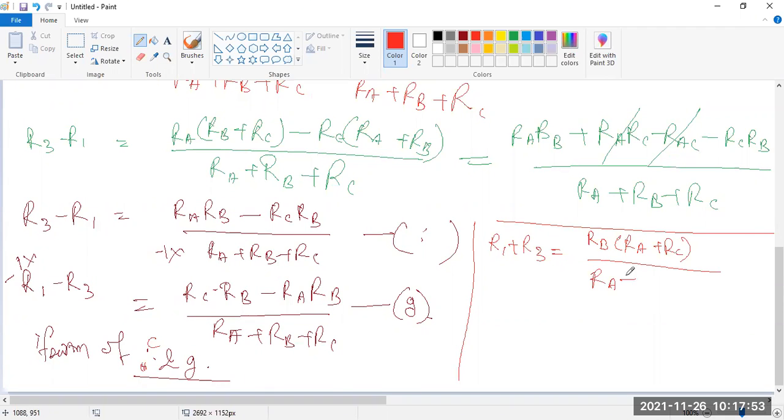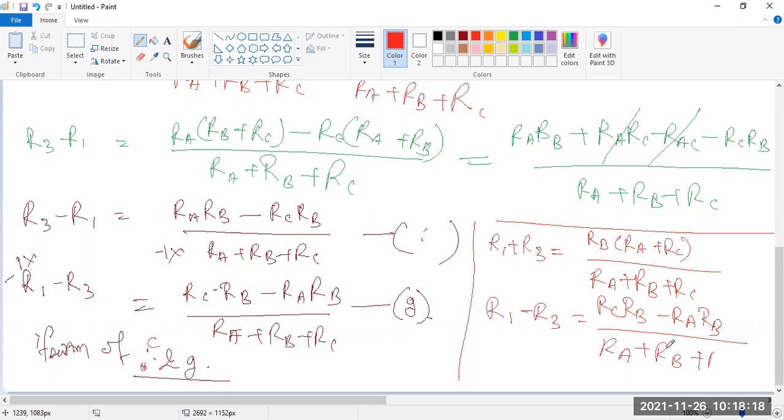That is RA plus RB plus RC, and summation of here R1 minus R3, what is coming? That is RC, RB minus RA, RB divided by RA plus RB plus RC.